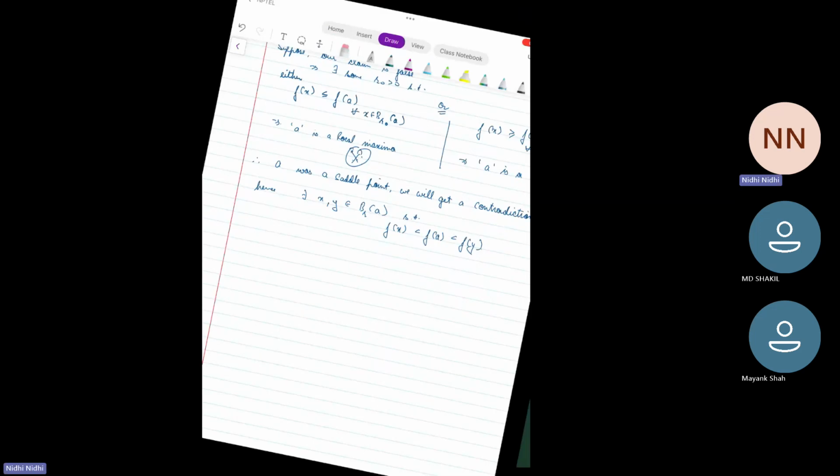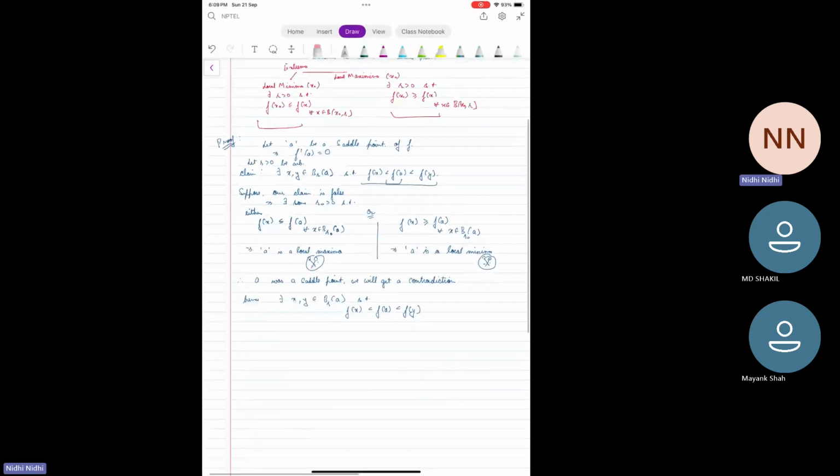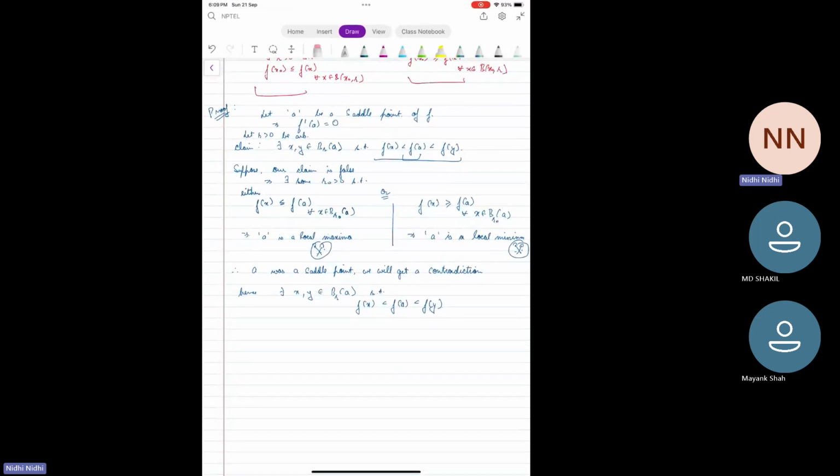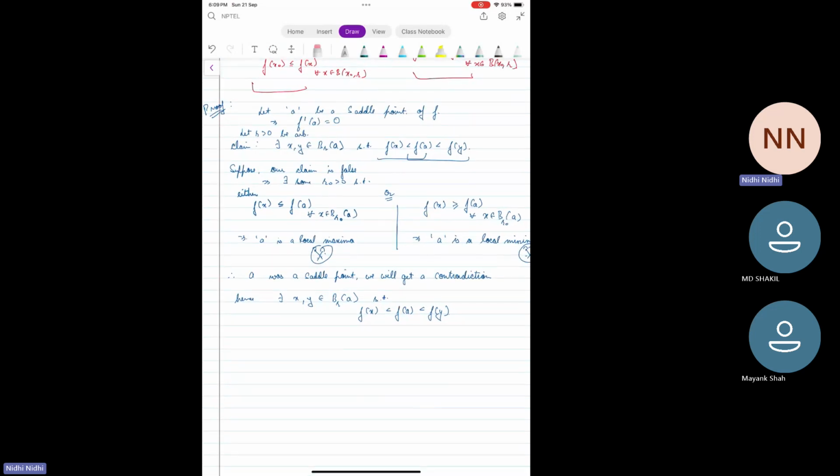I hope this one side of the proof was clear. We started with A being a saddle point and we wanted to show that such an inequality holds, that is, there exist some X and Y in every ball. We assumed that this does not hold.